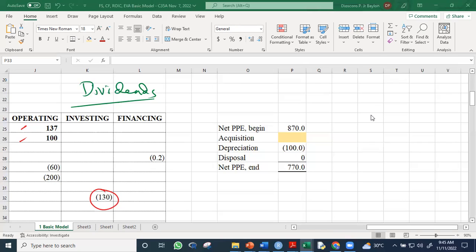That's why I put negative for depreciation. For disposal, there's no information about the company selling off its property, plant, and equipment. If I add everything, I have your net PPE. My question is, is this the correct balance of your net PPE? How about the others? I'm waiting for your answers, please.